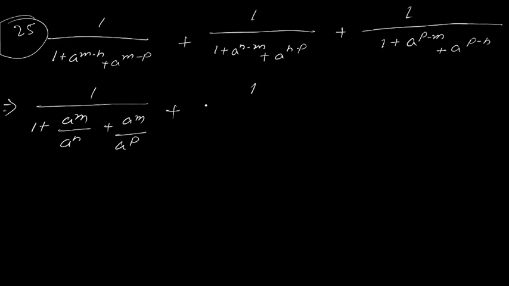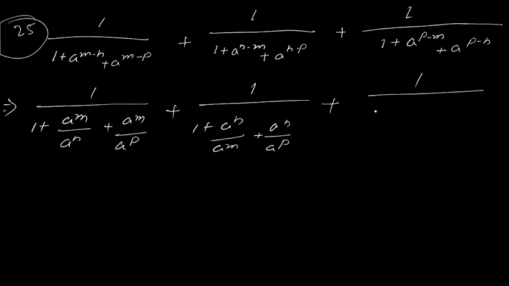Same way everywhere, 1 plus a to the power n a to the power m plus a to the power n a to the power p plus 1 divided by 1 plus a to the power p divided by a to the power m plus a to the power p divided by a to the power n.